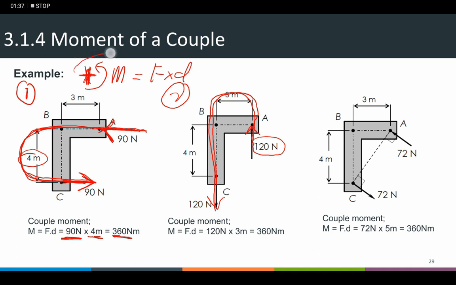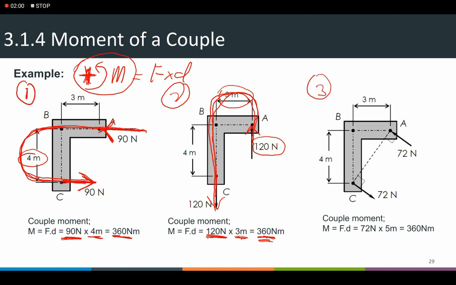So, counterclockwise is always positive. 120 positive multiplied by 3 meter equals 360 Newton meter.